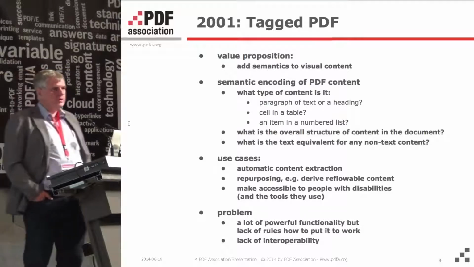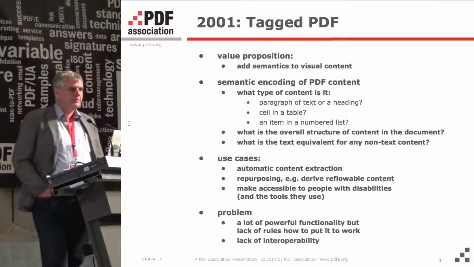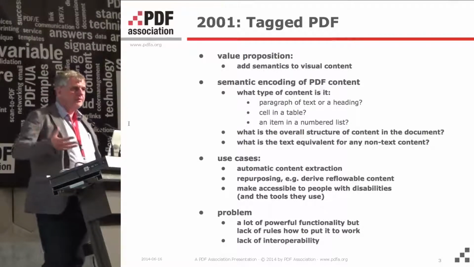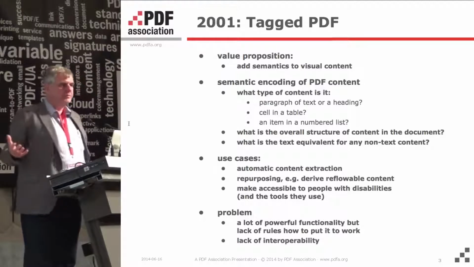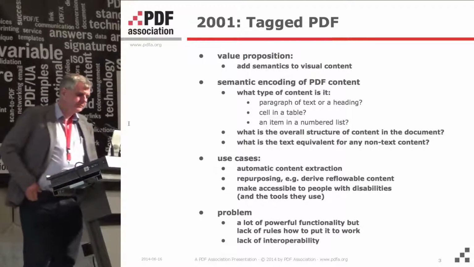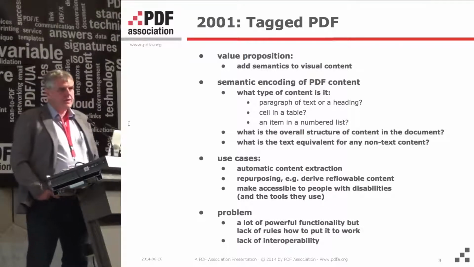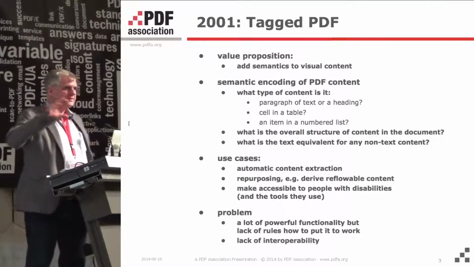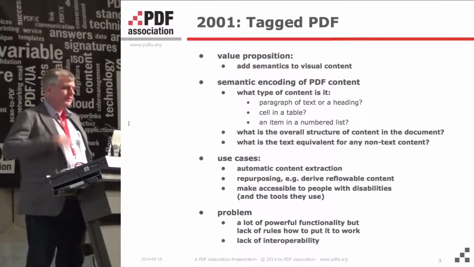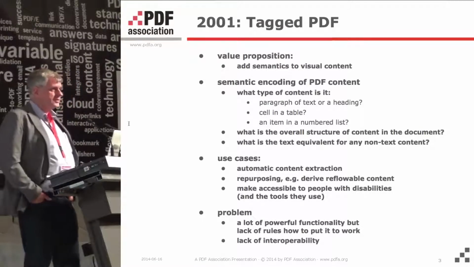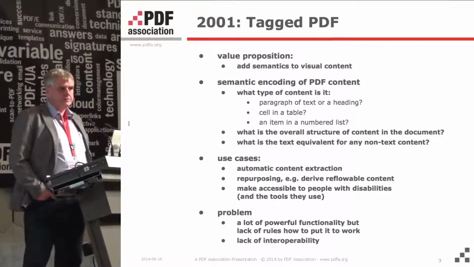Or whether the content you're looking at is a part of a table cell, which you would not be able to determine on a programmatic level by just looking at the encoding of a piece of text somewhere on the page. Or whether an item is a numbered list and so forth. And then beyond just being able to classify or categorize certain parts of the content, it would be nice, and is supported by Tagged PDF, to express what the overall content structure is.